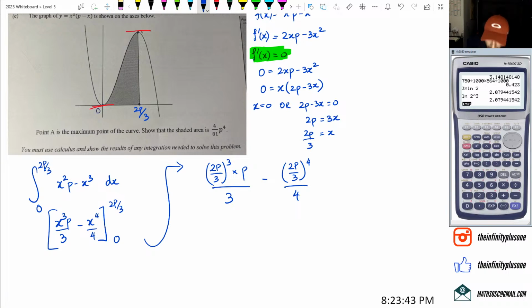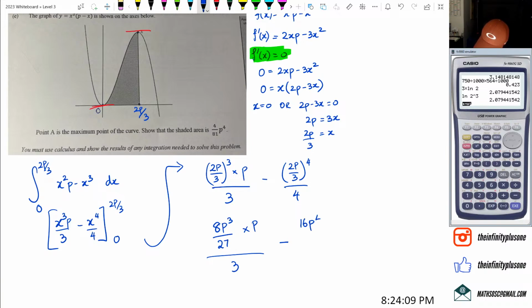So here I've got a whole lot of expanding to do, to get rid of those cubes and powers of 4, right? So 2 to the power of 3 first is 8. P to the power of 3 is p cubed, so 8p cubed divided by 3 to the power of 3, which is 27, times p over 3, minus 2 to the power of 4, which is 16.